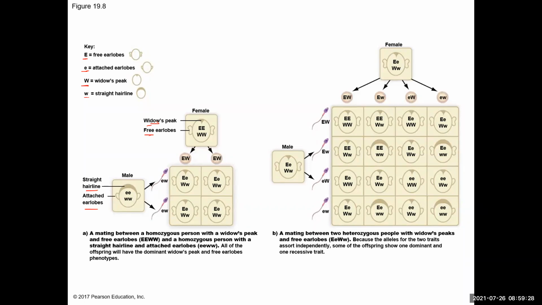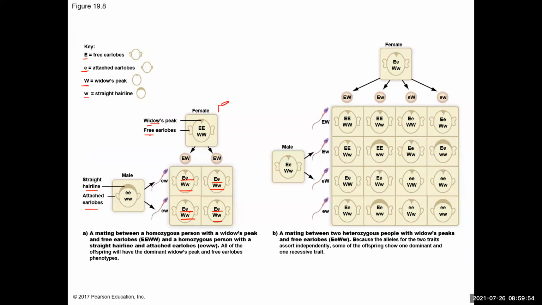Now, if they were to mate, all of their offspring will have the dominant traits because they would all have the heterozygous genotype for each trait. And so then if you take these heterozygous individuals and they mate, the chance that their offspring has one of the four combinations can be shown in this dihybrid cross.